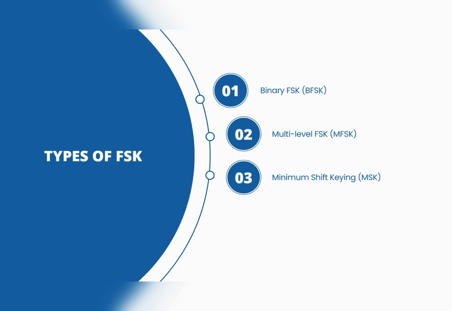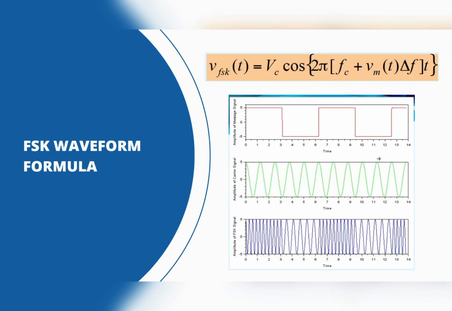There are three types of FSK. The first is binary FSK, the next is multi-level FSK, and the third is minimum shift keying, MSK. On the next slide is the waveform and the formula of FSK. The image on the right side below is the waveform for FSK, and the image above is the formula.